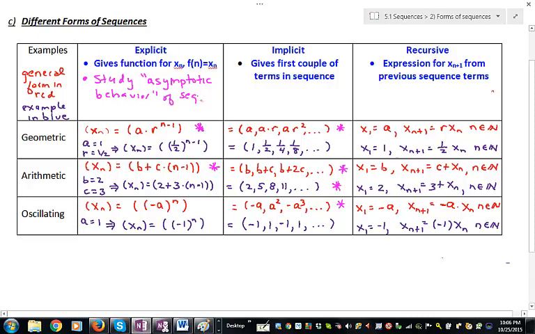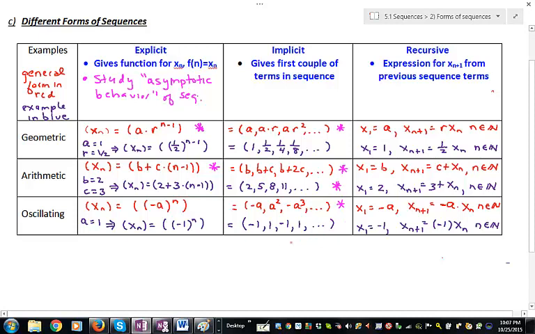In other words, what that means is we are trying to see what the sequence terms are doing as n's getting very large. We can see for the geometric, for example, that they're getting smaller and smaller, and they're approaching 0 as n gets large. We can see for the arithmetic that as n goes to infinity, the terms become infinitely large. The sequence basically goes to infinity.